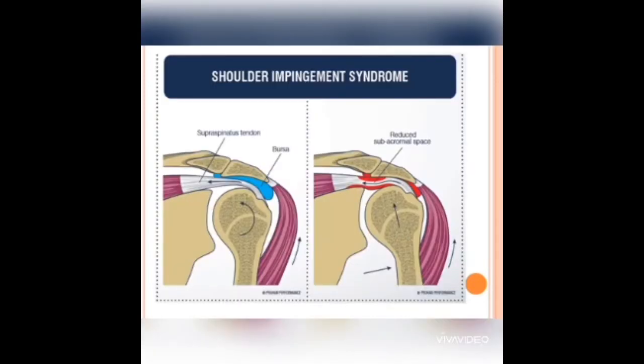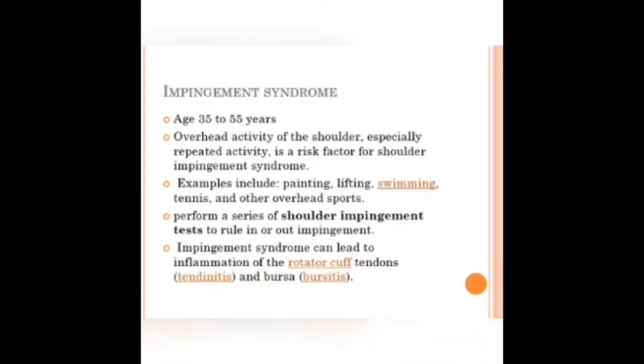Next comes shoulder impingement syndrome. If you notice this slide, you can see there is reduced subacromial space here. Here, in the normal slide, there is a normal bursa. There is no impingement noticed here. This happens between 35 to 55 years of age group, and here we'll do impingement tests.